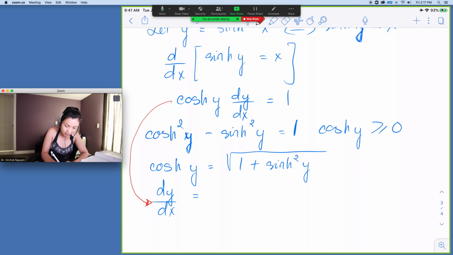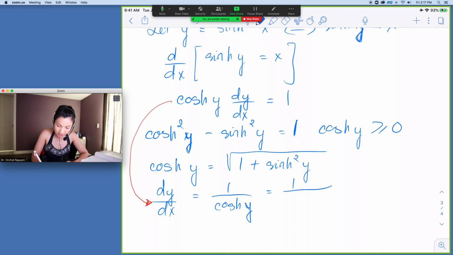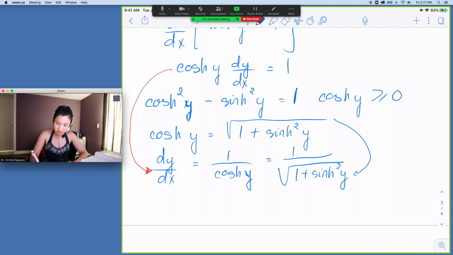I just divide by hyperbolic cosine, and then I'm going to substitute it in, 1 plus hyperbolic sine squared of y. And then I'm going to go back and replace it by x. So we have the result. There we have it.